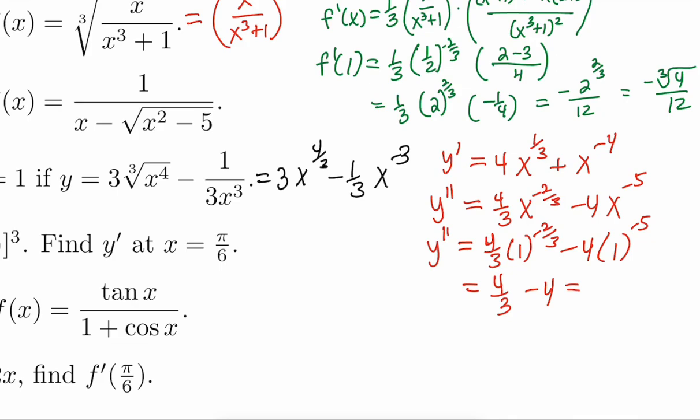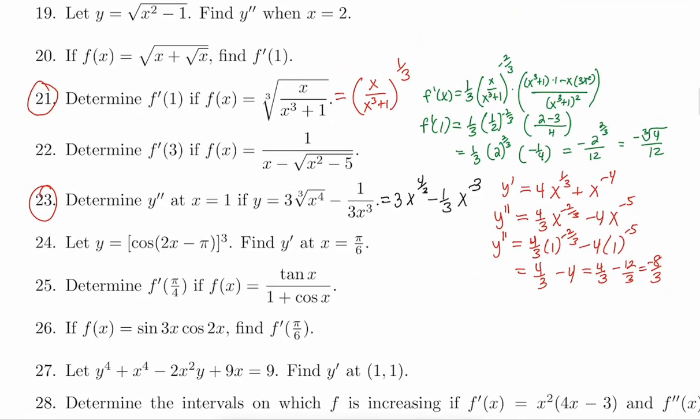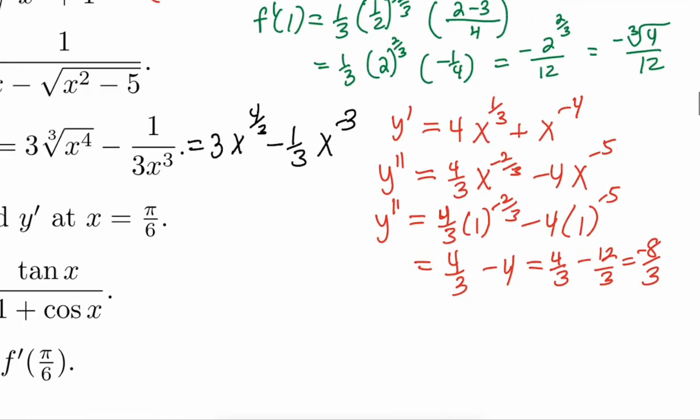Yeah, the whole thing's multiple choice. So if we make this thirds, that's 4/3 minus 12/3, or negative 8/3. Everybody good with that one?